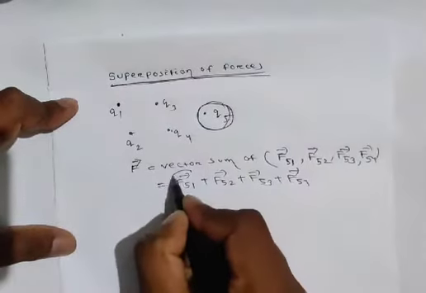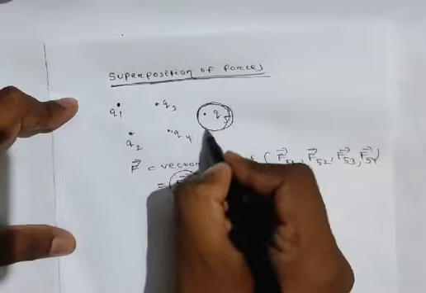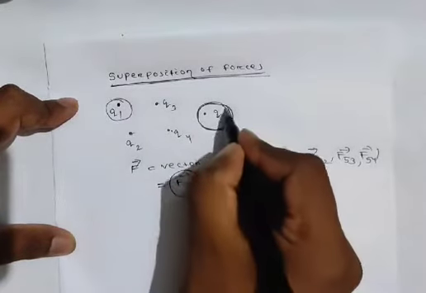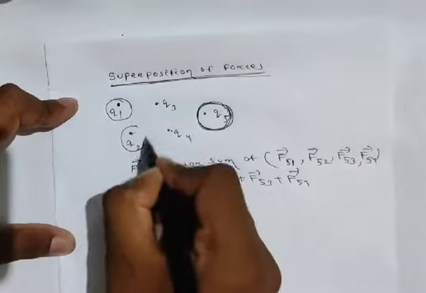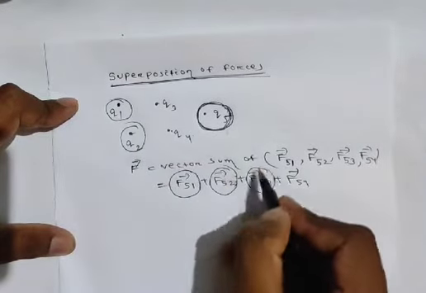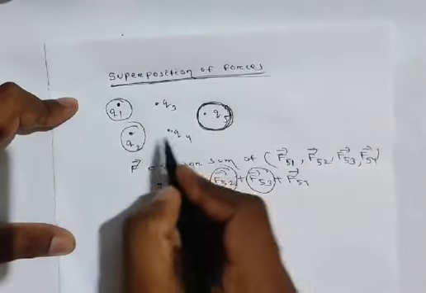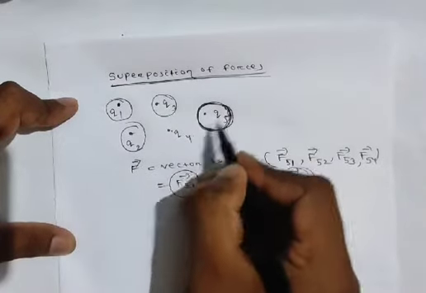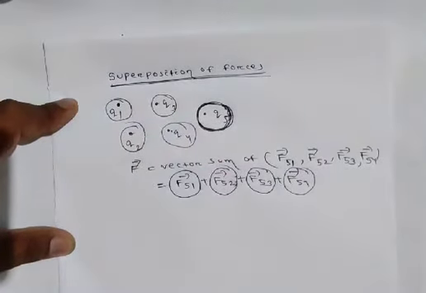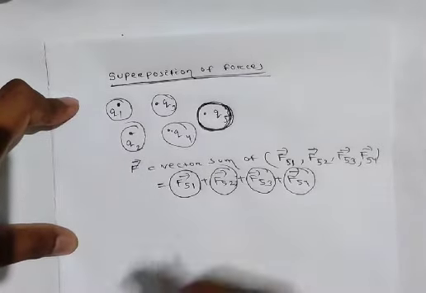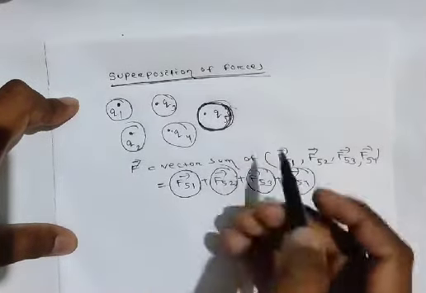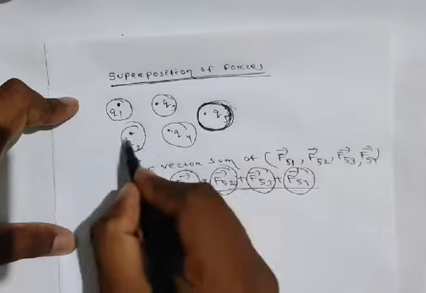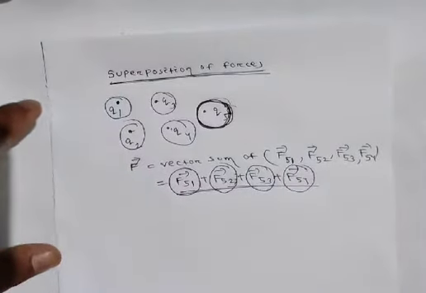So F51 is the force on charge Q5 due to Q1, F52 is the net force on Q5 due to charge Q2, F53 is the net force on Q5 due to Q3, and F54 is the force on Q5 due to Q4. So the net force on a given charge is equal to the vector sum of the individual forces produced by the individual charges. So is it clear?